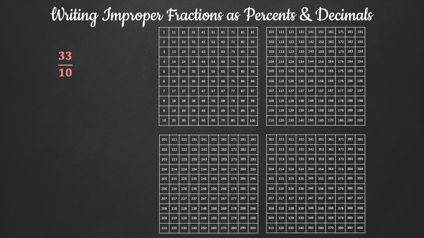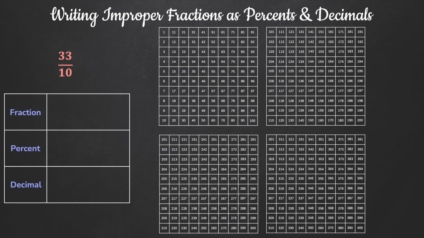Here we have 33 over 10. So we have another improper fraction that is not out of 100. So what we need to do is find an equivalent fraction that is out of 100 so that we can model this. So then we ask ourselves, what can we multiply the denominator 10 by to get 100? And we can multiply 10 by 10 to get 100. However, whatever we multiply the denominator by, we also have to multiply the numerator by.